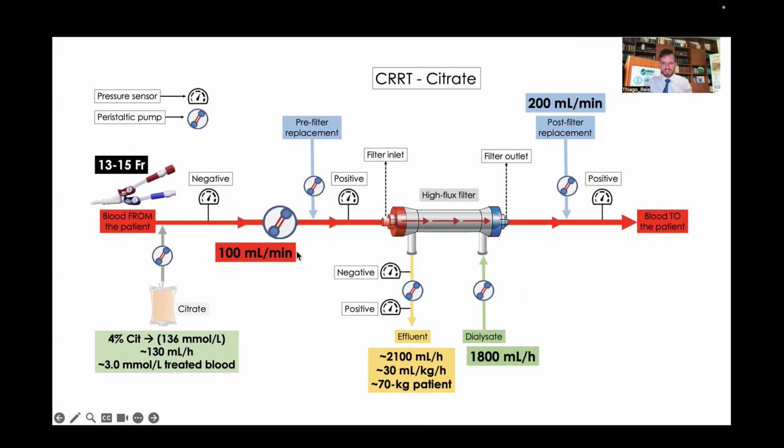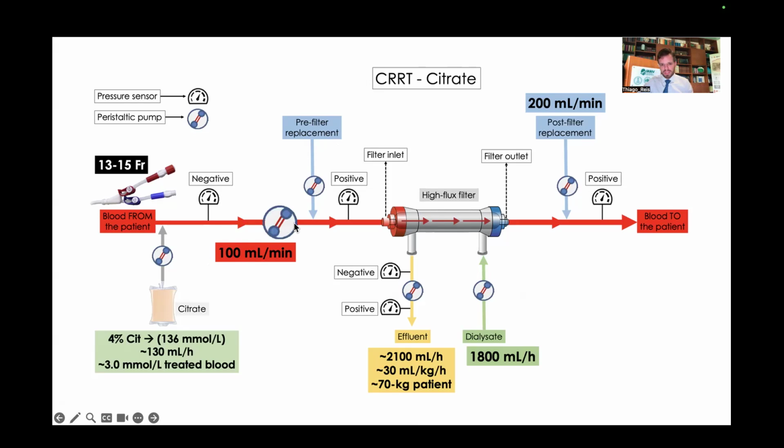And I've mentioned previously that we should use high blood flows, but not when doing regional citrate anticoagulation. If using citrate, there's no requirement of higher blood flows. The circuit will not coagulate because there is citrate there.